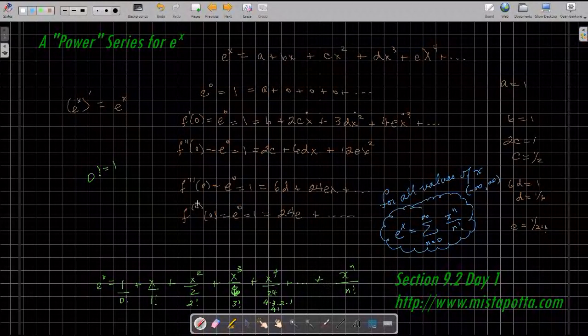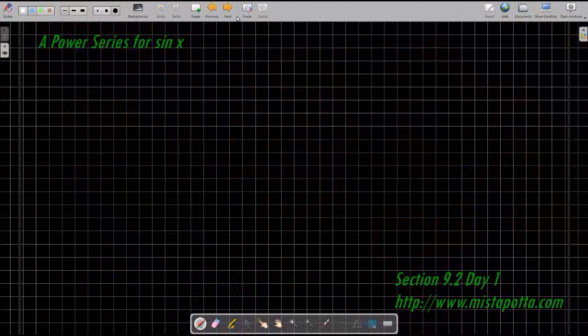Now, I've done this with e to the x, but I can also do this with some other functions. So let's talk about what a power series for sine of x would look like.